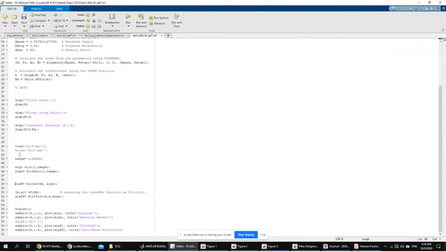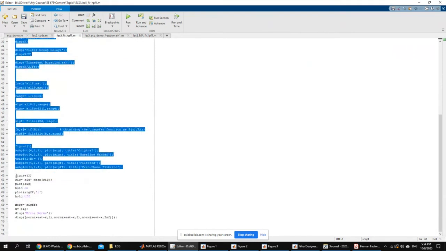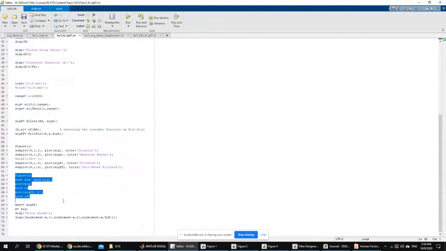Instead of using the baseline wander here, I'm going to have the MA. Okay. Maybe we can take the norms also, so that we can compute everything. Actually, I don't need this. We can just compute the norms.